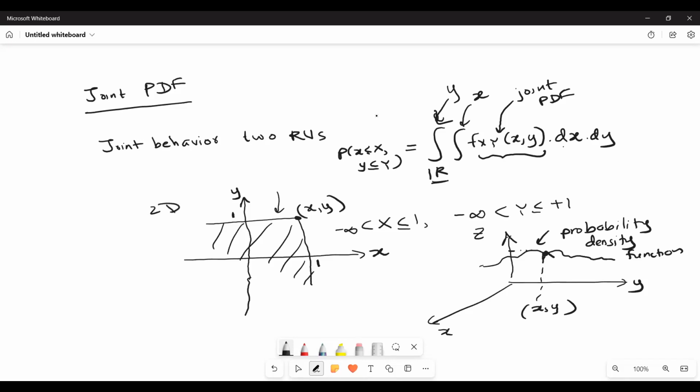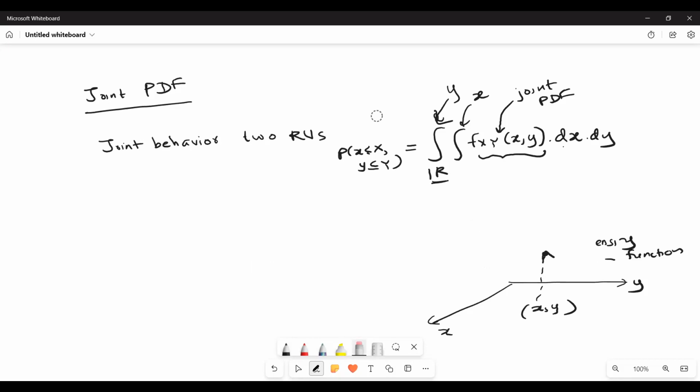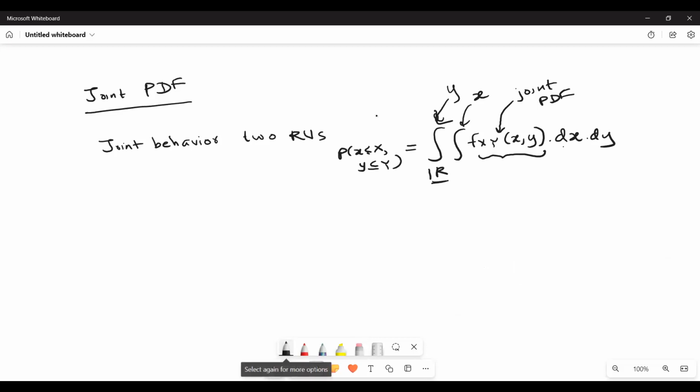Right? So you can find the probability value using the joint PDF function like this. And then some properties, which are basically the properties that we discussed for the single random variable case as well. The integration of the probability density function should be equal to 1, and the value of the probability density function will always remain a positive value.